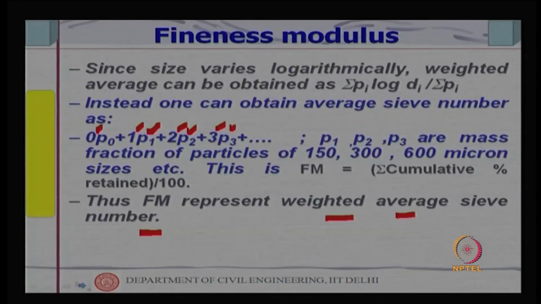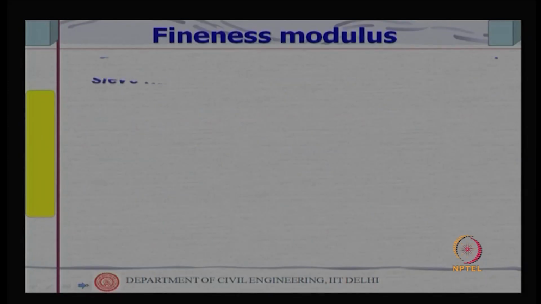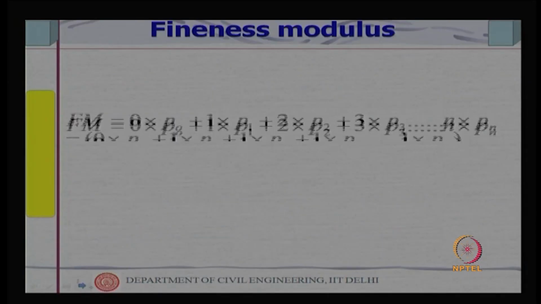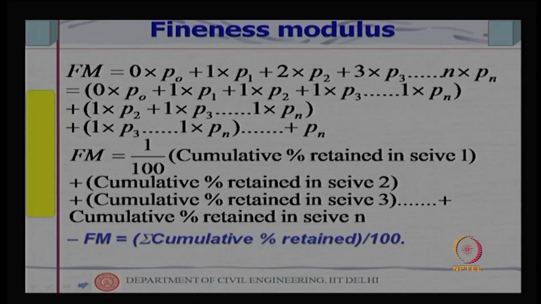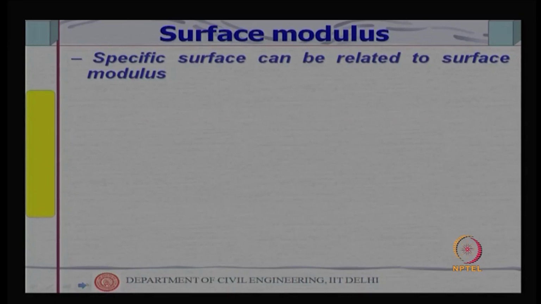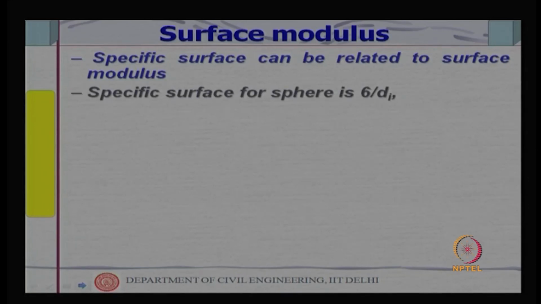So, this concept we will discuss in the next class in the beginning, and we will discuss one more concept called surface modulus, and surface modulus is in terms of specific surface. Specific surface can be related to what is called surface modulus, and this concept is for a sphere. We know the specific surface is 6 by dp.